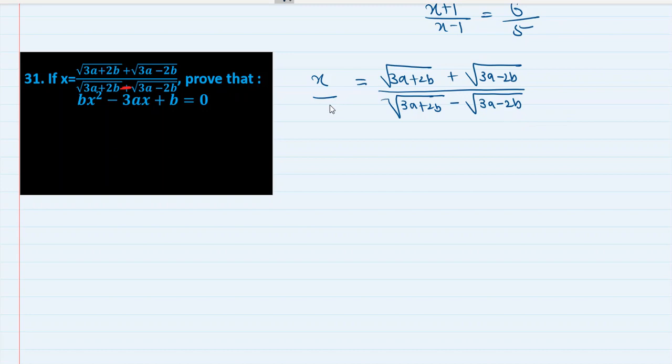Okay, can I write x by 1 over here? That will make things easier.